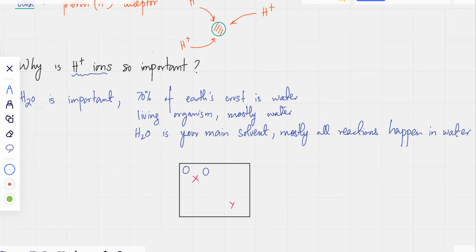I mean, that's your solution. And here are all my water molecules, right? So X and Y are trying to react, and the main solvent is water.